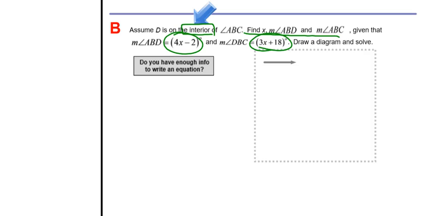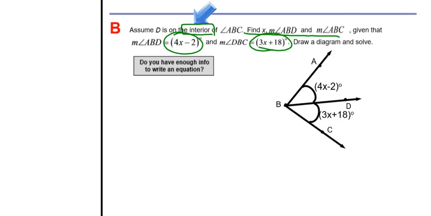So, if we draw a picture, we have that information right now. D is on the interior of ABC, and we know that 4x minus 2 is in ABD, and 3x plus 18 is in DBC.